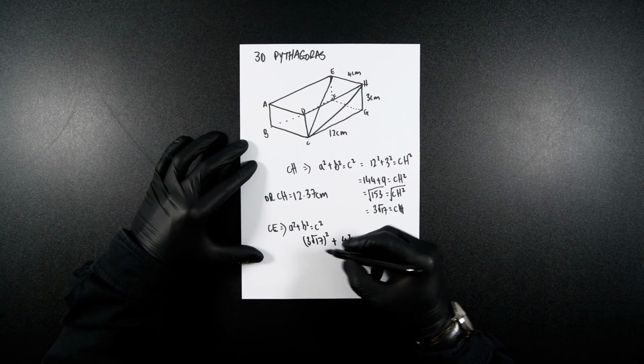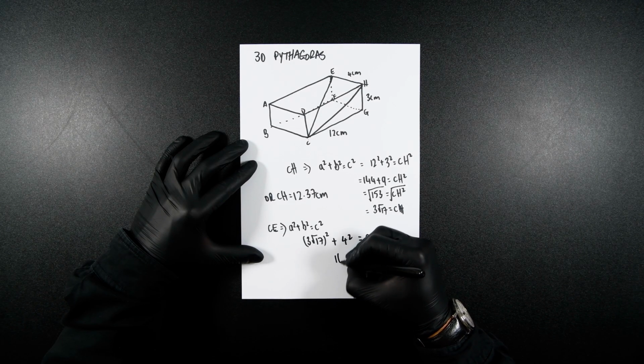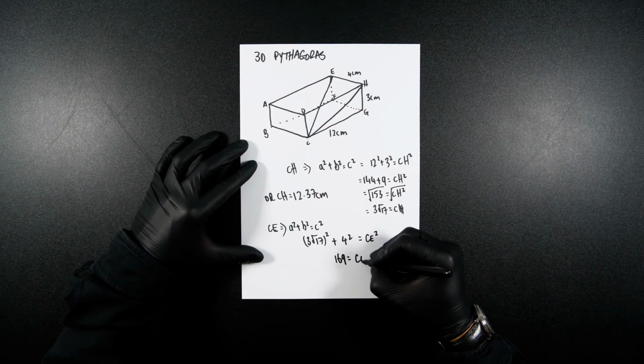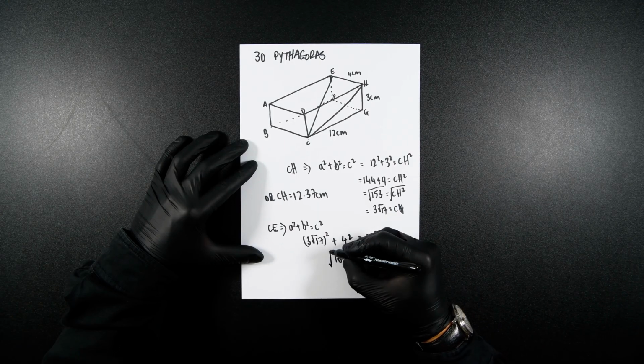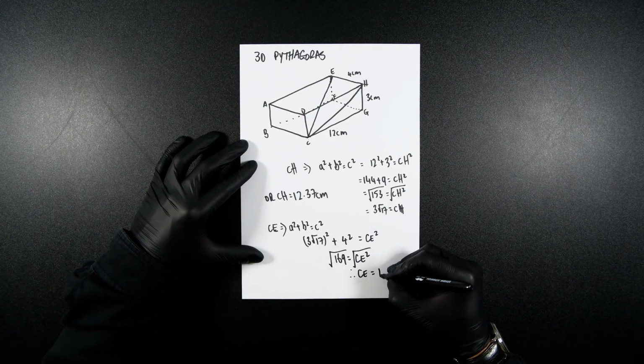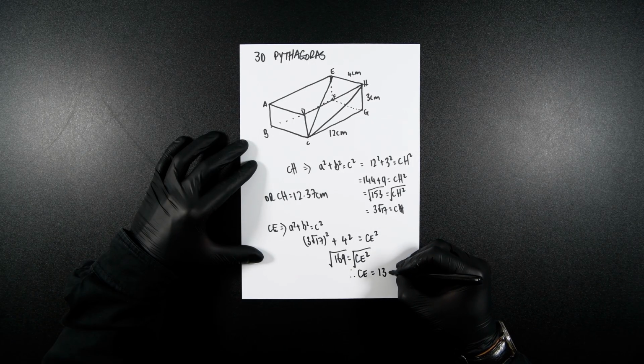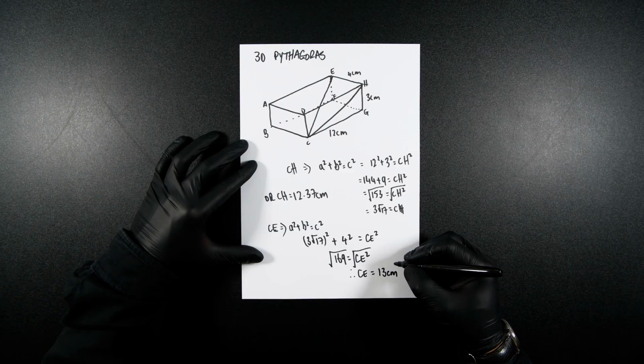So this is going to happen to equal 169 equals CE squared. So therefore, CE, once you square root both sides, is going to be 13 centimeters. How convenient.